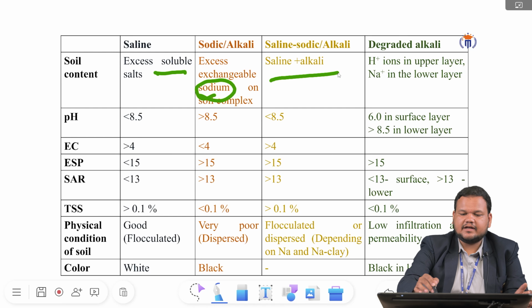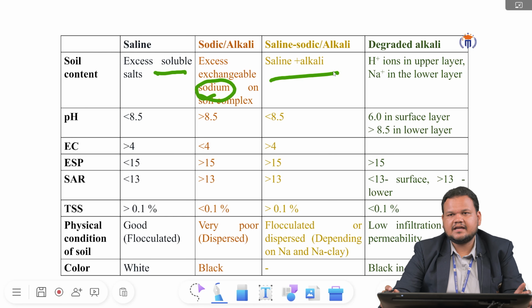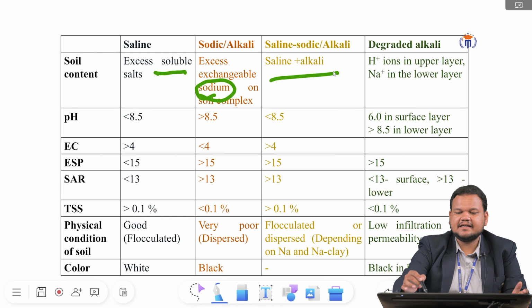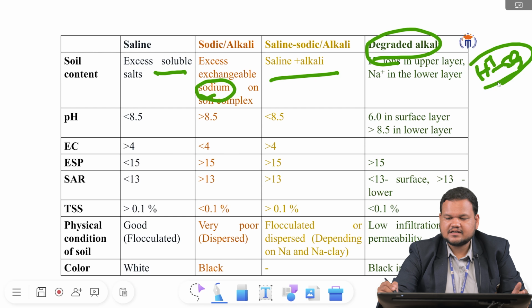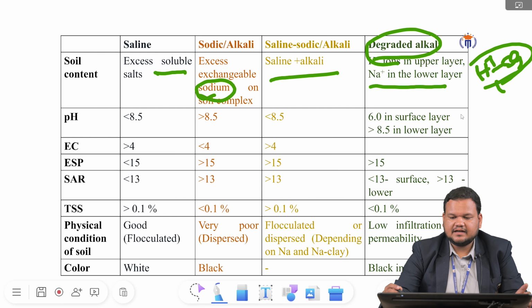Saline sodic is a combination of salinity as well as alkalinity. In degraded alkali soils, hydrogen replaces the clay particles on the upper layer, whereas sodium is present in the lower layer. That is why the pH is 6 in the surface layer, and the pH is more than 8.5 in the lower layer.